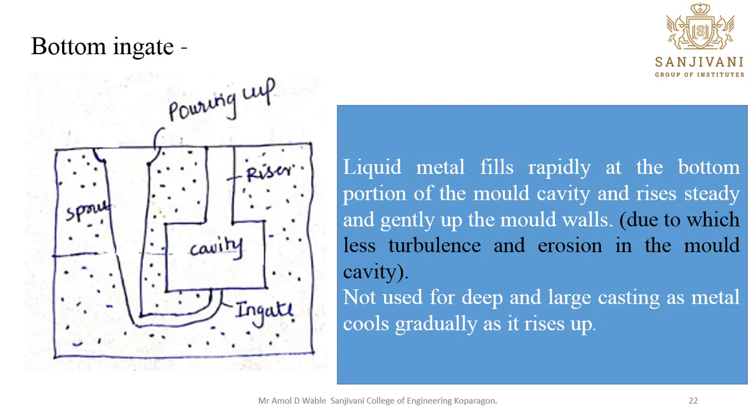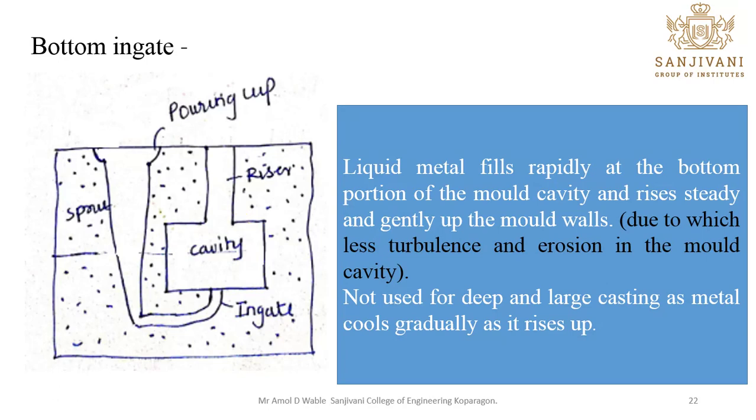So let us see the other one, that is the bottom gate. In bottom gate, when you pour molten metal, it will travel through the sprue, then through the ingate, which is present at the bottom of the half, that is on the drag side, and it will fill the cavity from the bottom. Initially, up to the parting line, the bottom half will be filled rapidly, and later, due to the gravity effect, it will fill the top side of your cavity gradually.